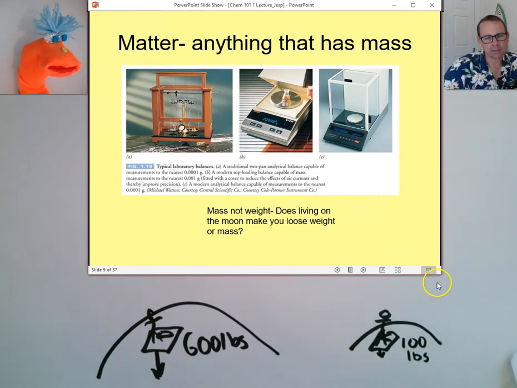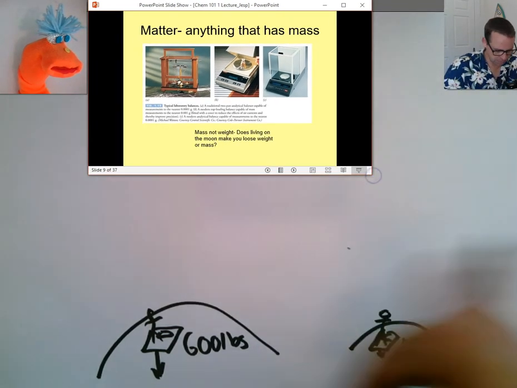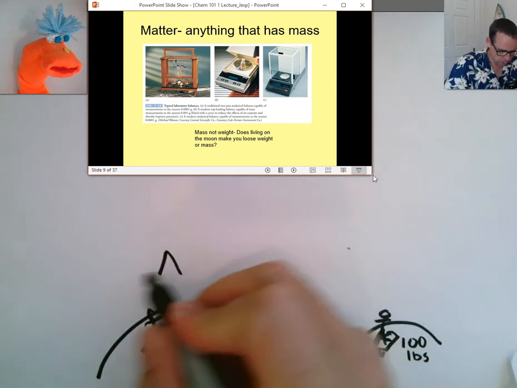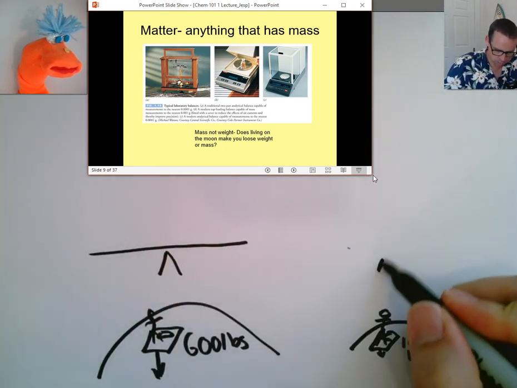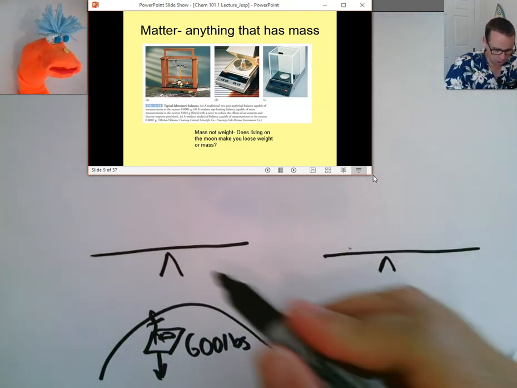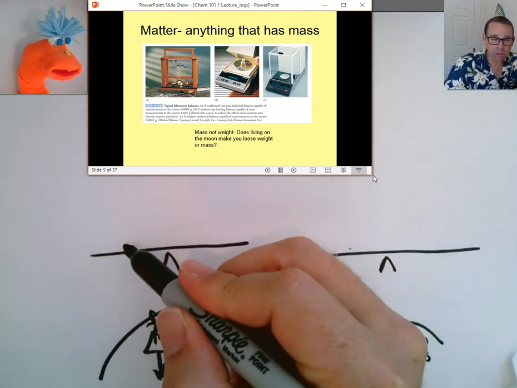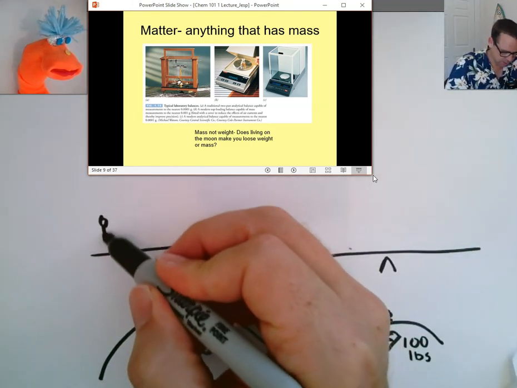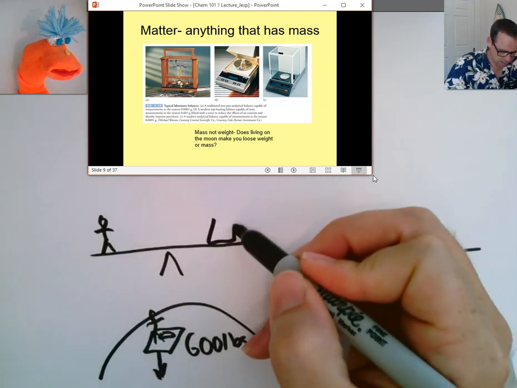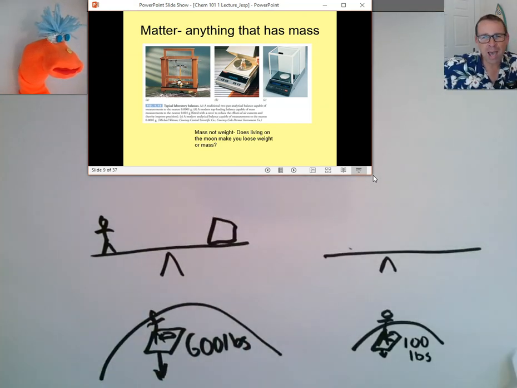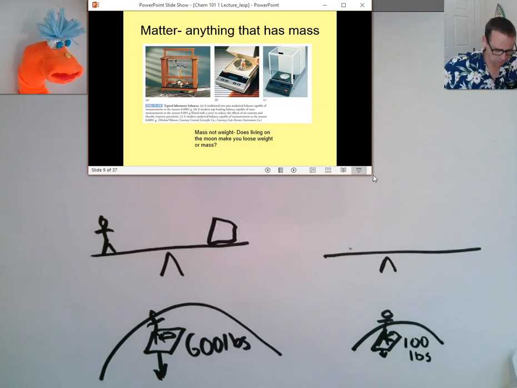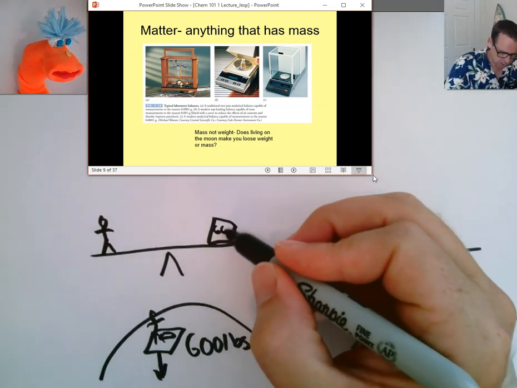Now, let's show you what a balance would do when we're on the moon and the Earth, right? So if I'm on the Earth and I have myself standing over here and I have my mass that I need to balance there, this mass would be our 600 pounds.